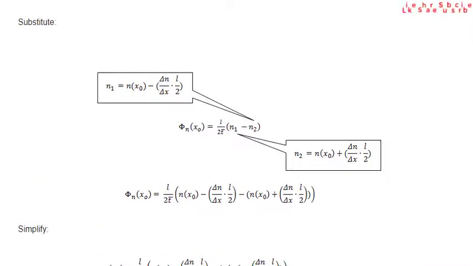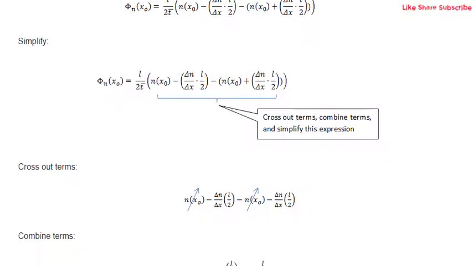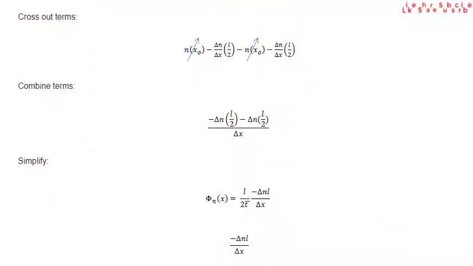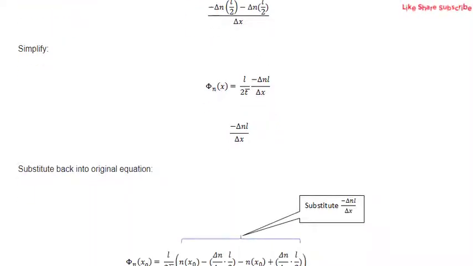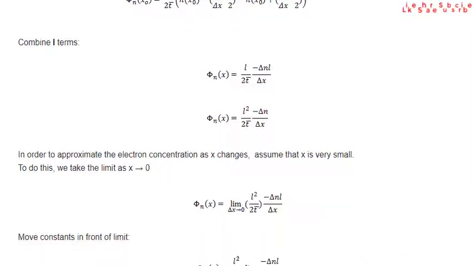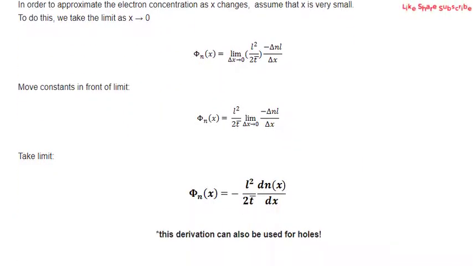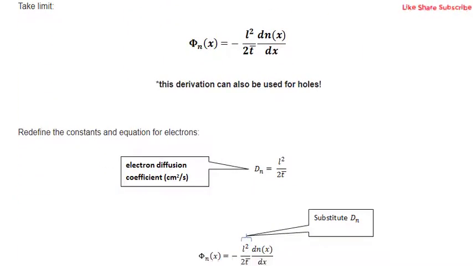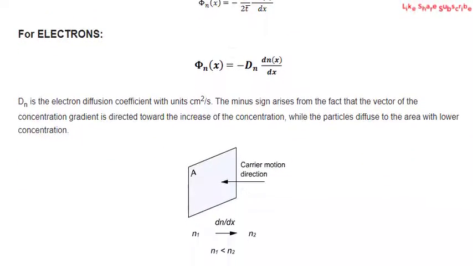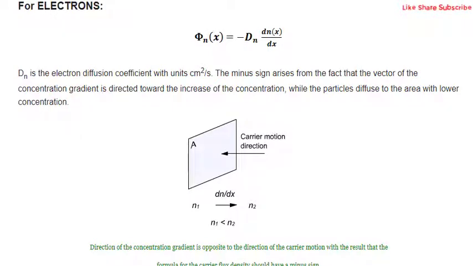Dn is the electron diffusion coefficient with units square centimeter per second. The minus sign arises from the fact that the vector of the concentration gradient is directed toward the increase of the concentration, while the particles diffuse to the area with lower concentration. Direction of the concentration gradient is opposite to the direction of the carrier motion, with the result that the formula for the carrier flux density should have a minus sign.